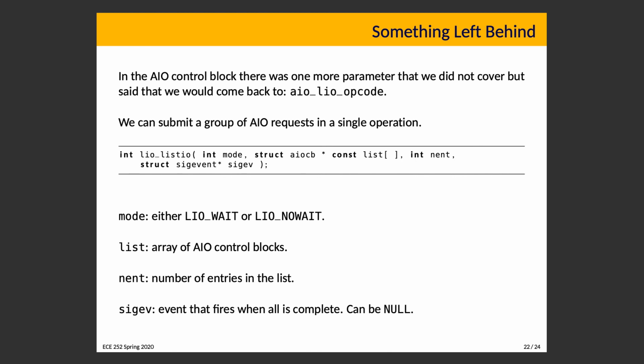Number of entries in the list is straightforward, and the sig event here fires whenever all of these are complete. And sig event, again, is like our previous definition for a particular AIO control block, but this happens only when all of them are complete.